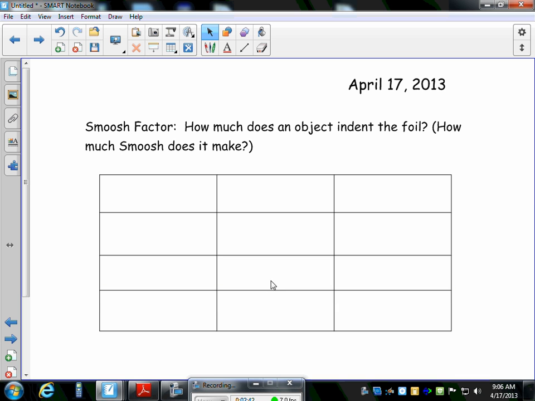And whenever we do an experiment, we usually do more than one trial. In this case, we're going to be doing different speeds. So we're going to be throwing the objects at a different speed.